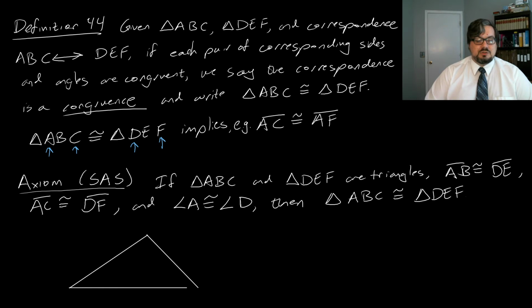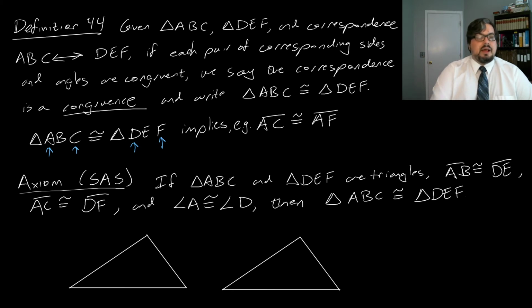Let's suppose that we've got two triangles. And let me go ahead and mark them. Let's suppose that we've got A, B, C, D, E, F. We've got these two triangles, and let's see what we know.